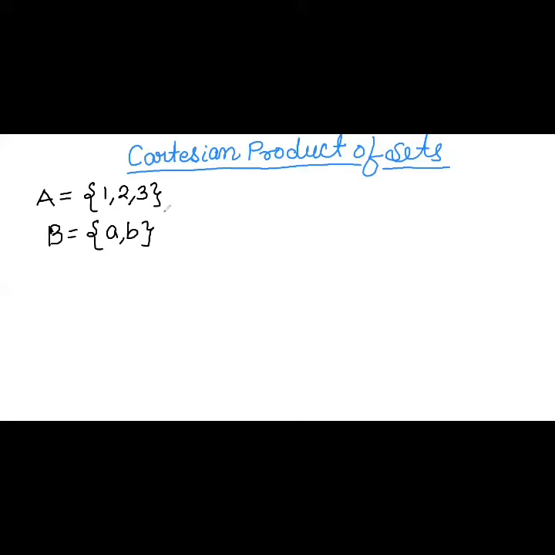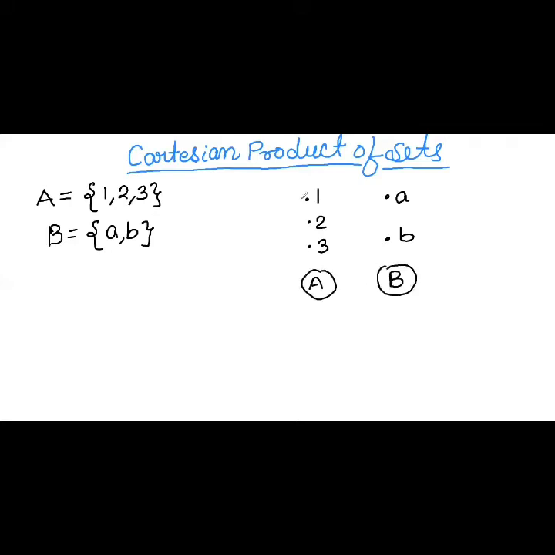Now we just have to find out the product between two sets. So the process is very simple. I'm going to write elements of A and B. So elements of A are 1, then 2 and then 3. Then elements of B are a and b. And I'm going to connect each and every element of A with each and every element of B. So this is the pattern.